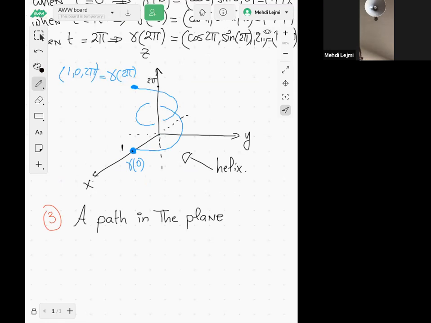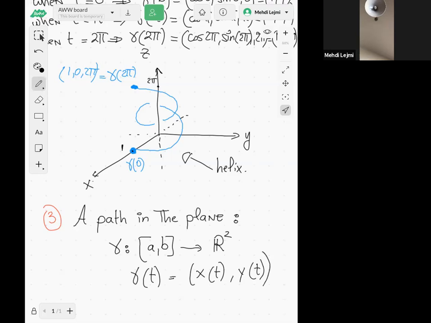So that will be some function gamma from an interval [a, b] to R2. Then gamma of t would be (x of t, y of t). So in the plane, we have only 2 components.